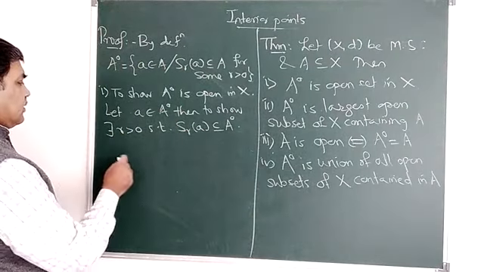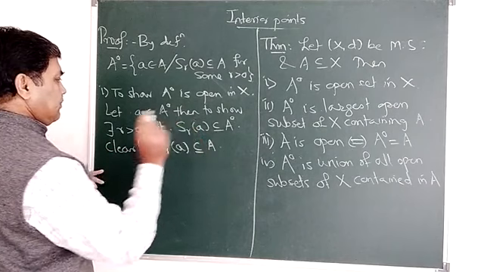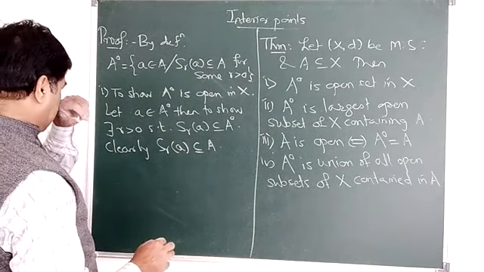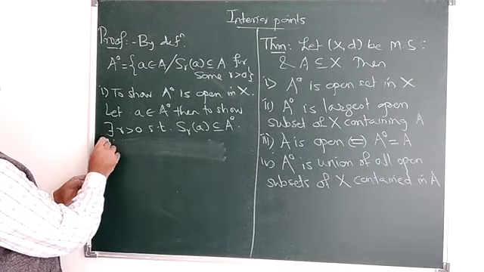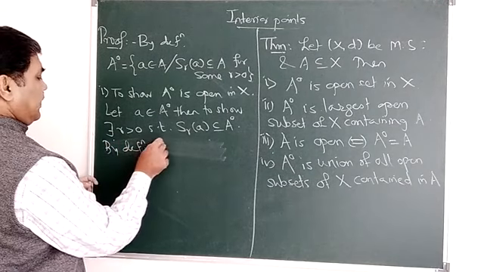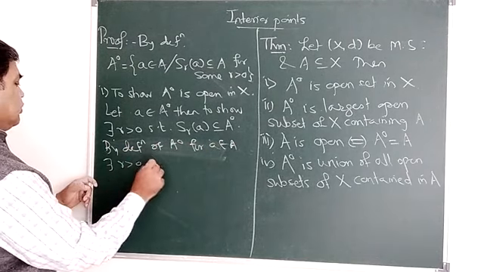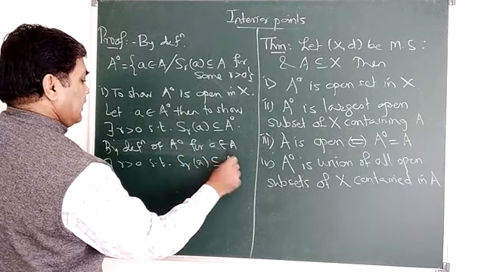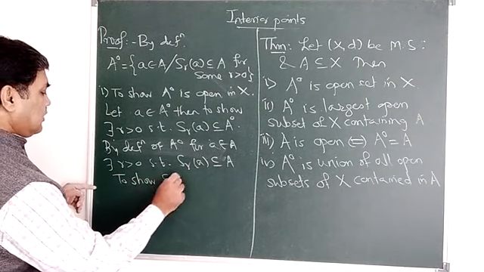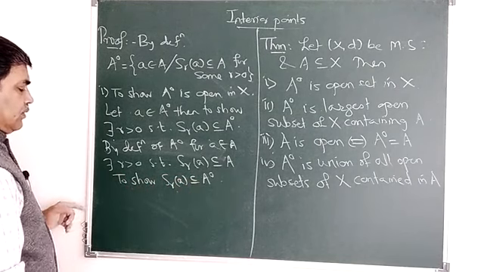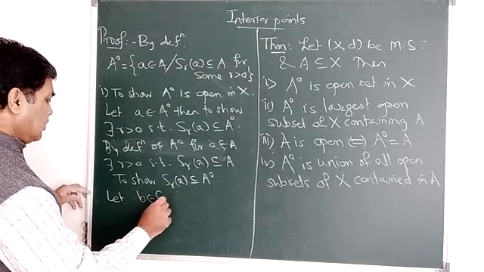So clearly S_r(a) is a subset of A. By definition of A interior, for a belongs to A, there exists r greater than 0 such that S_r(a) is a subset of A. To show S_r(a) is contained in A interior, let b belong to S_r(a).